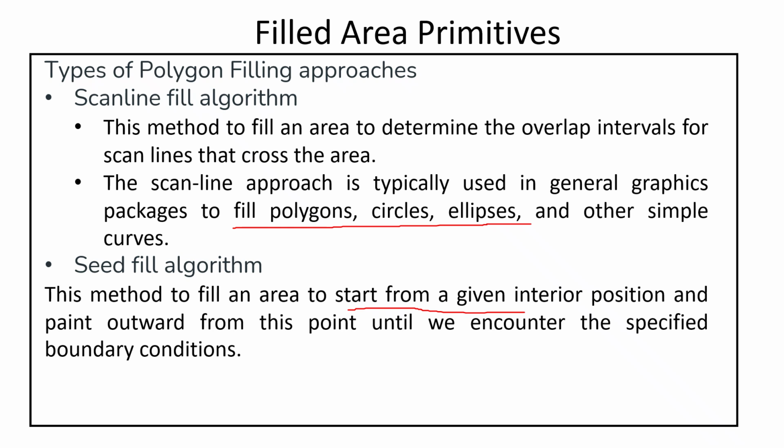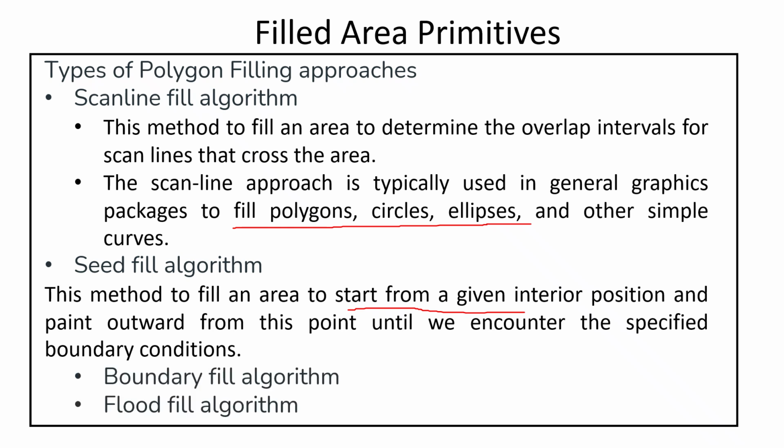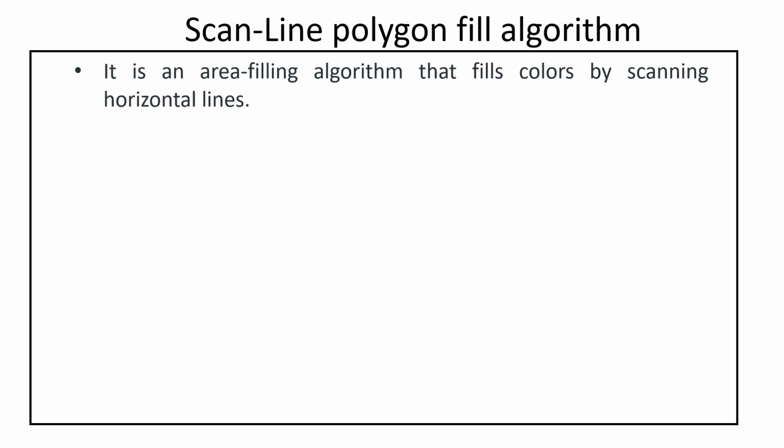We will see in depth about scanline filling and seed filling. There are two seed filling algorithms. One is boundary fill, the other one is flood fill algorithm. So the scanline polygon filling algorithm is an area filling algorithm that fills the colors by scanning horizontal lines.